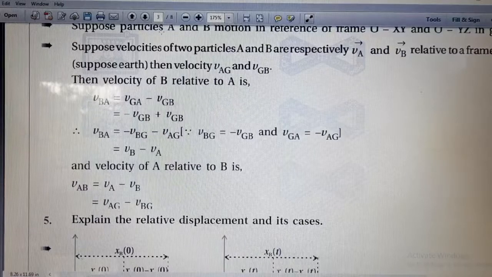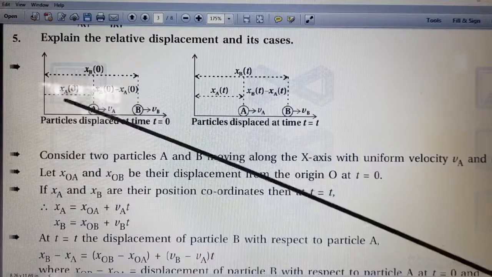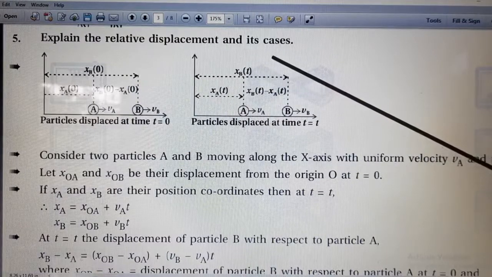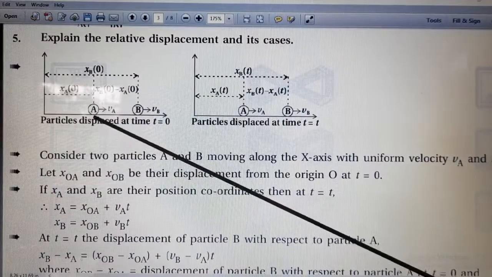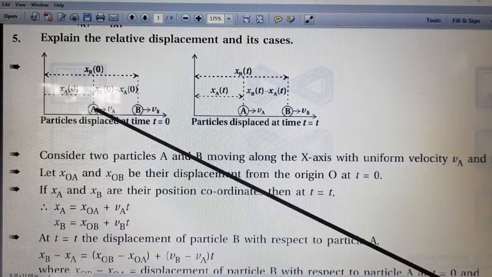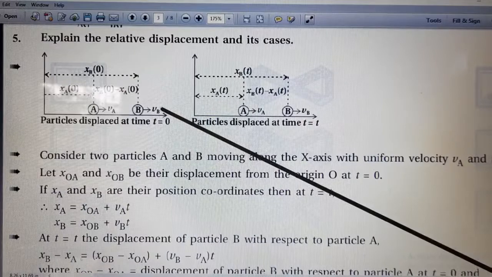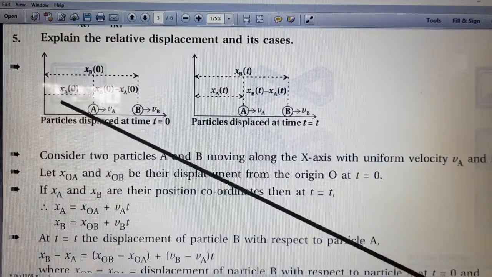Our next question is: explain the relative displacement and its cases. Friends, look here. Now we have two objects A and B. Here VA is the velocity of object A at time t equal to 0, and VB is the velocity of particle B when time t is equal to 0.